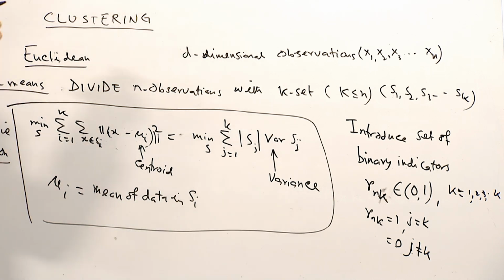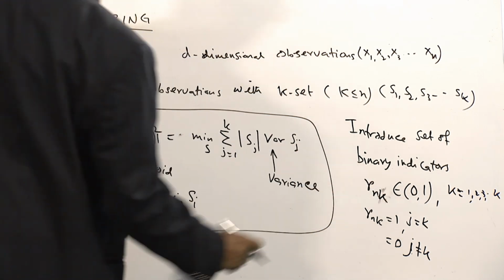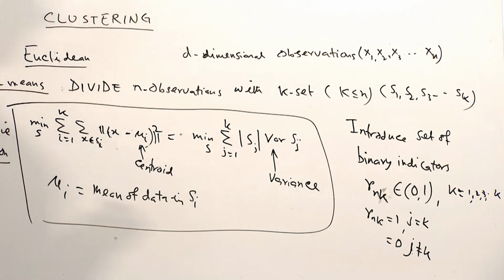You are introducing this new variable, a binary indicator, which tells you whether a point belongs to a cluster, then it becomes 1. If it does not belong to a cluster, it becomes 0.